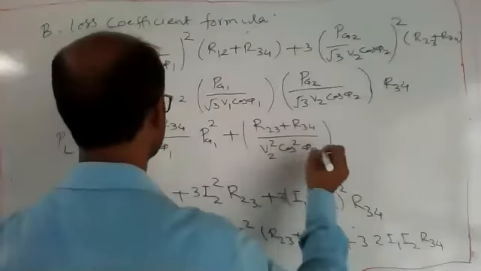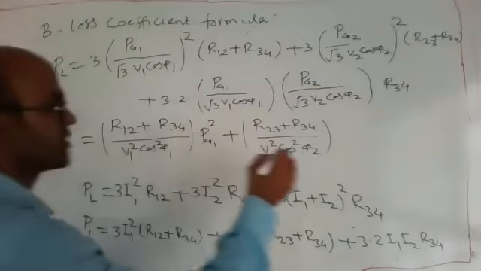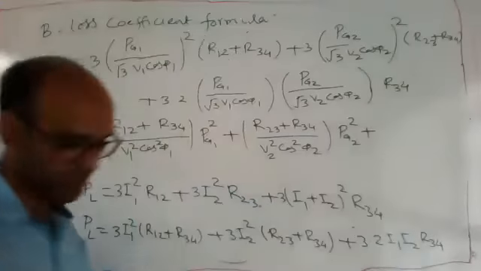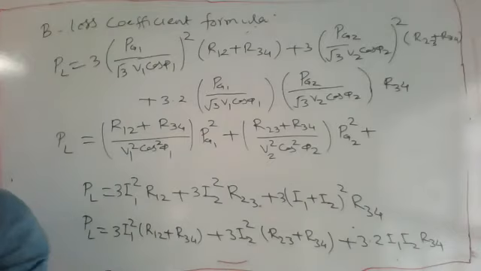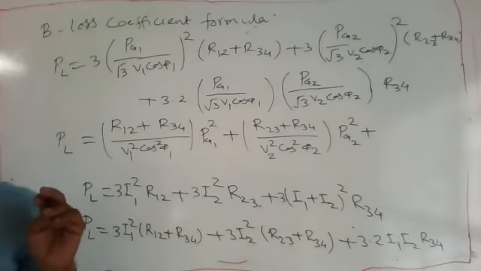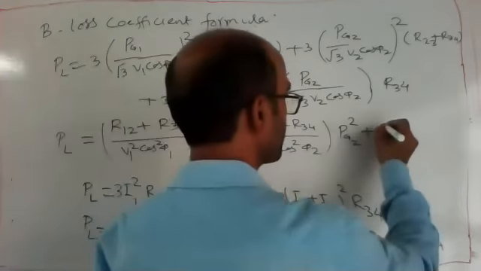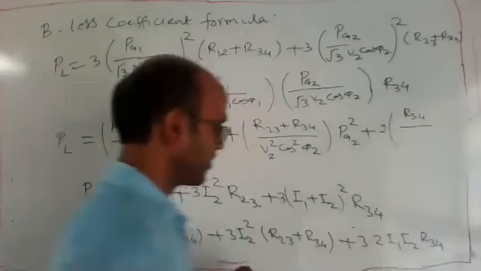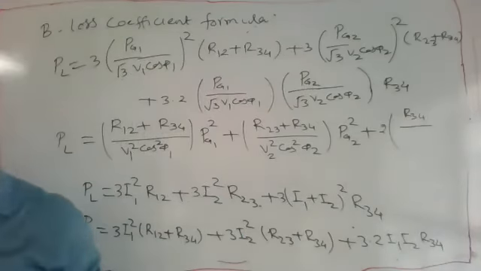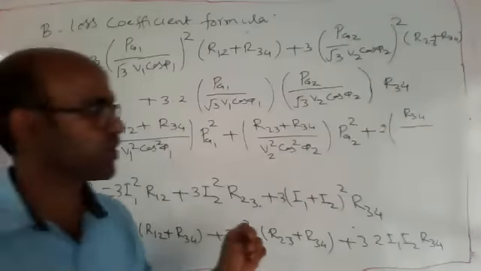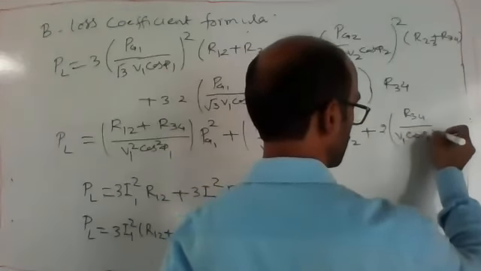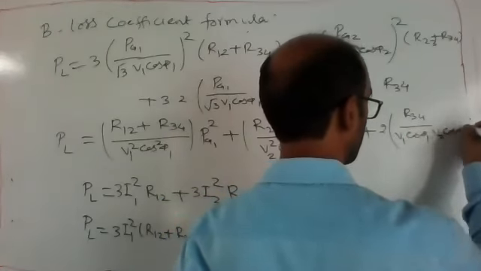So these are the terms we are getting: PG2 square, plus the last term, 2 times R34 divided by V1 cos phi 1, V2 cos phi 2.